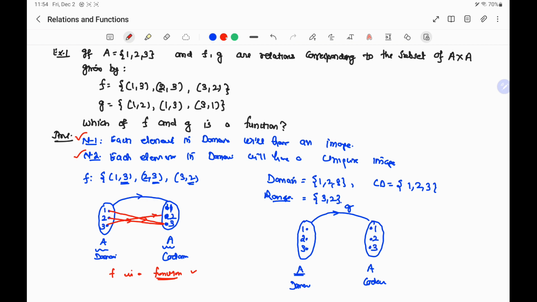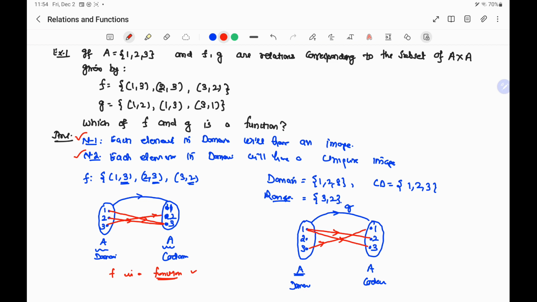Now we map the elements with their images. So g has the first element 1 and has the image 2. So 1 is related with 2. Then in the second case, 1 is related with 3. So 1 also has one of the images, that is 3. And then 3 is related with 1. So 3 has the image 1.